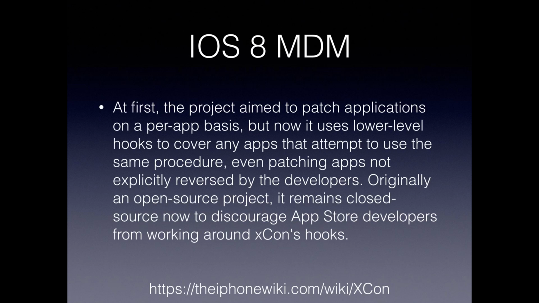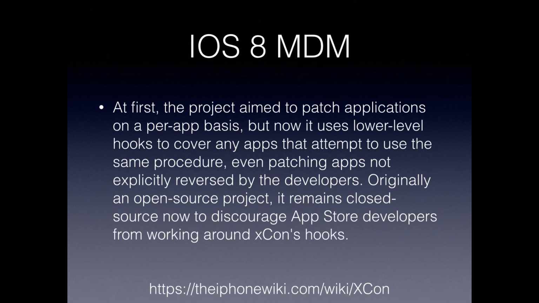This is a quote, or kind of a mission statement, from XCon. "At first, the project aimed to patch applications on a per-app basis, but now uses lower-level hooks to cover any apps that attempt to use the same procedure, even patching apps not explicitly reversed by the developers.